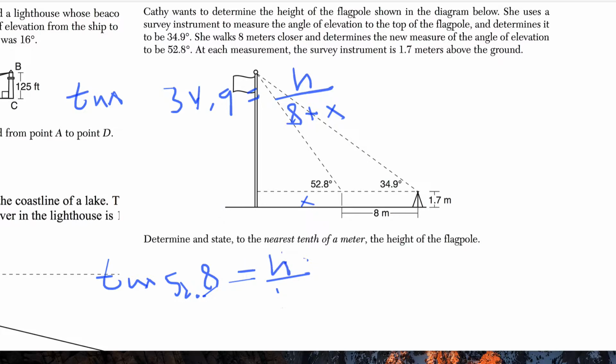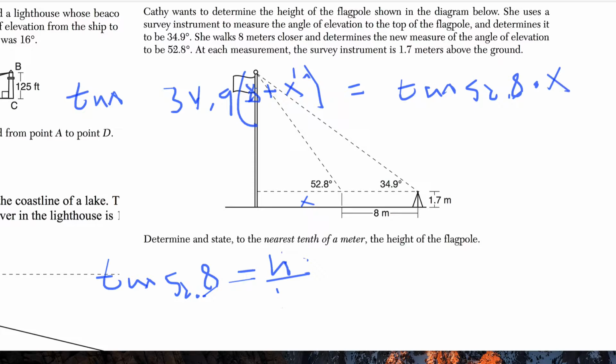So tan 34.9 times (8 plus x) equals tan 52.8 times x.